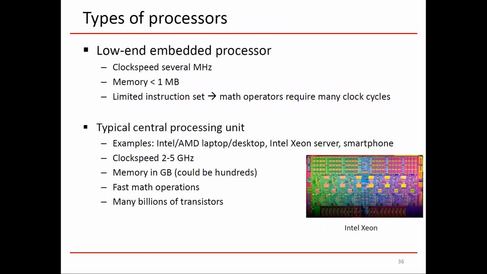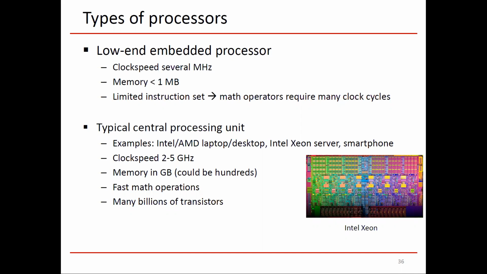So there are different types of processors. On the low end, you have embedded processors that oftentimes are in consumer products, let's say, you can think of a toaster or a laundry machine. There's going to be an embedded processor that has a low clock speed, maybe a few megahertz, and the amount of memory is limited. This could be even a few kilobytes. The instruction set is going to be limited. You probably don't need too much functionality in a toaster, right?